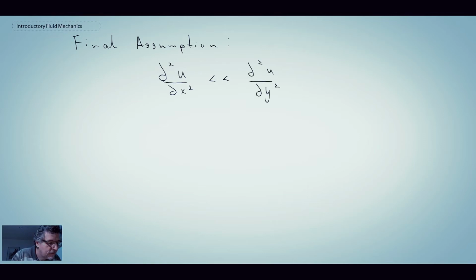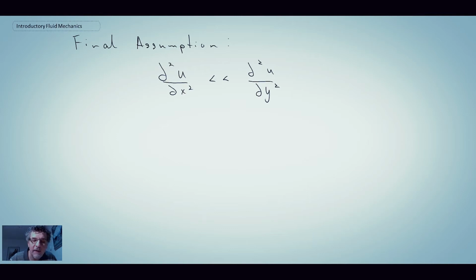A final assumption that is used in coming up with the boundary layer equations is this one. The second derivative of the velocity in the streamwise direction with respect to x is less than with respect to y.